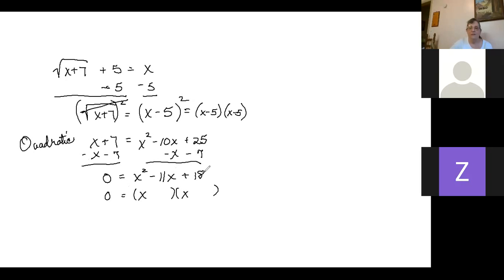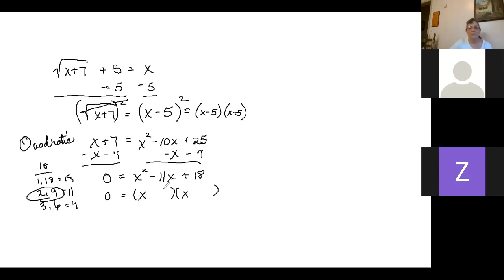I want to find factors of 18 that add up to 11. 18 could be 1 times 18, 2 times 9, 3 times 6, 4 won't go, 5 won't go. I already used the 6. Okay, this adds up to 19. That adds up to 11. That adds up to 9.